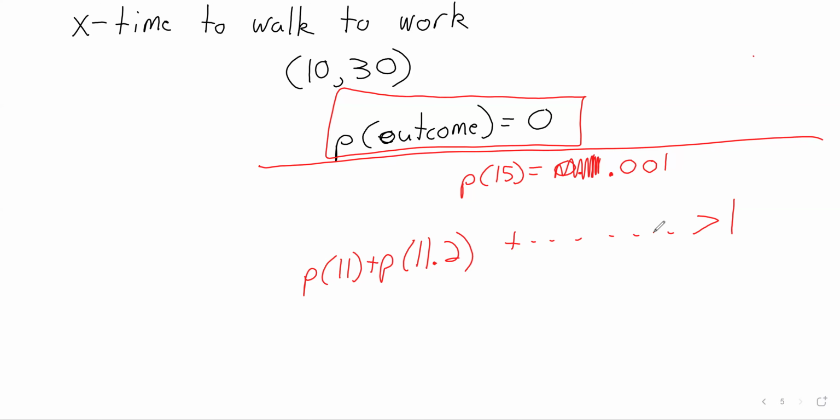So, to try to get around this, we have to remember that we see these numbers like 10 and 30 and 15, but we're in the space of real numbers. So when I say 15, I don't mean about 15. I mean 15 followed by an infinite number of zeros.